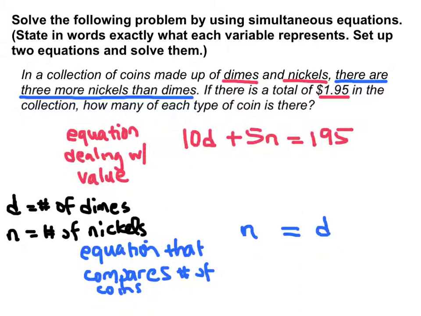But they are telling me that there are 3 more nickels than dimes. So I know I have to balance my equation. When I'm setting this up, it's helpful to understand which one of the coins they have more of. So if I'm reading this again, 3 more nickels than dimes, I'm understanding this as that there should be more nickels.